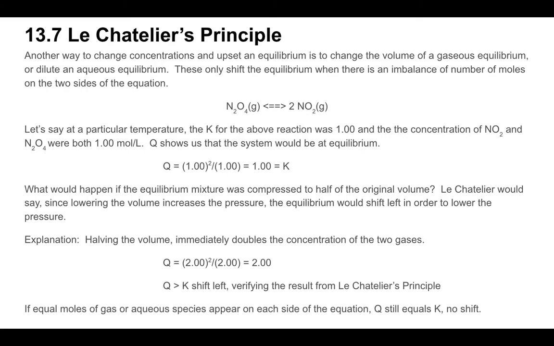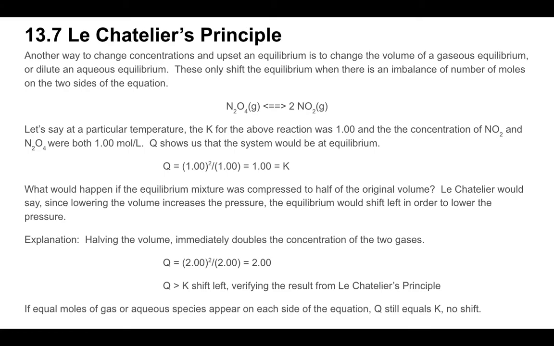Now, if you had equal moles of gas, or if you had equal aqueous species, because another way of looking at this would be, okay, I'm not changing the volume of a gas, maybe I'm going to add water, which is going to change the molarity of the products and the reactants. If equal moles of gas or aqueous species appear on both sides, you're not going to change the ratio.